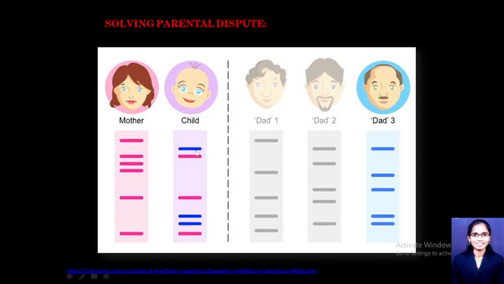Some of the DNA fragments will match with his original dad and some of the fragments will match with his mother. So the fragments which match with one of the dads show that dad 3 is his original parent, and there is no challenge to this result. This will prove that the parental dispute gets solved easily.